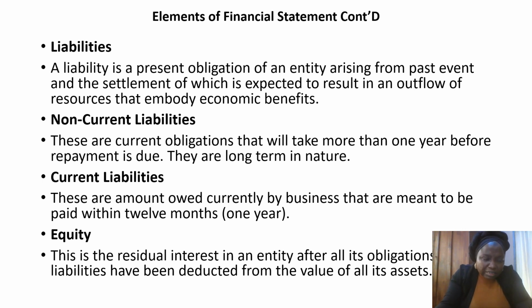So once it extends beyond a year, it becomes non-current liability. On the other hand, the liability that can be settled, that can be repaid, within the accounting year, that is 12 calendar months, is known as current liability. It must be paid within the 12 months.